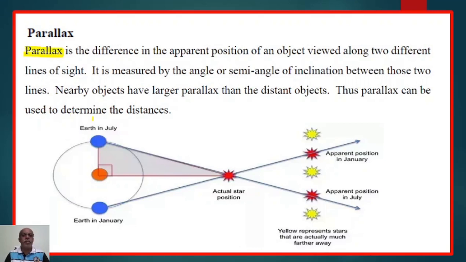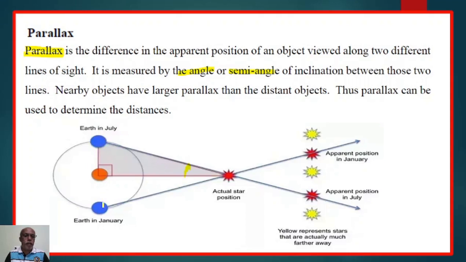This parallax is measured by the angle, otherwise known as the semi-vertical angle, inclined between those two lines of sight. You can see here from the figure, this is the angle, and this angle is called the parallax. Here we have the object, a certain star considered as an object. The star is observed from two different lines of sight.